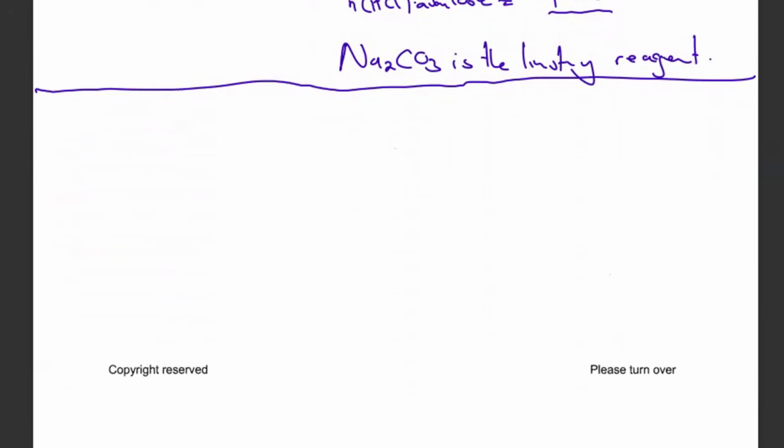To find the value of X, we use the number of moles of carbon dioxide. The number of moles of CO2 is equivalent to the number of moles of sodium carbonate, Na2CO3, according to the equation, and we saw that it's 0.018.